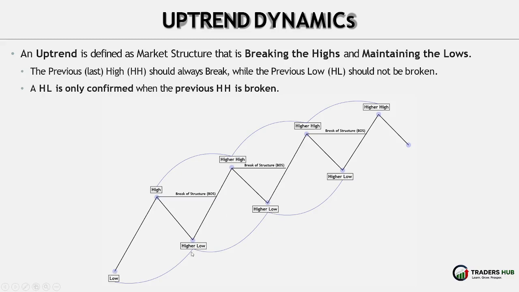This higher low can only be confirmed by a break of this high, and the same for this one. So an uptrend has a sequence of high, higher low, higher high, higher low, higher high, higher low, higher high, higher low.